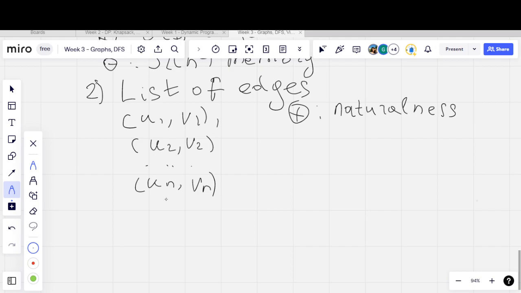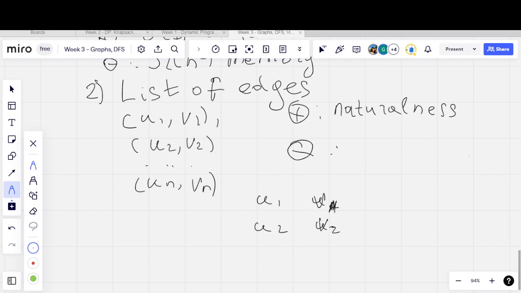Because when we input our graph, it always looks like pairs of edges, and we can input pairs online and fill our graph when we read input.